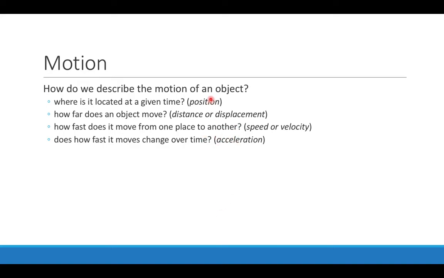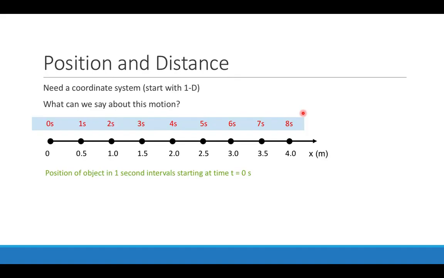So we have these terms, position, distance, displacement, speed, velocity, and acceleration, that are going to describe the motion of an object, and we're going to define all those quantities as we go through these presentations. The very first thing when we're talking about the position of an object and the distance that's covered is that we need to have some type of coordinate system.